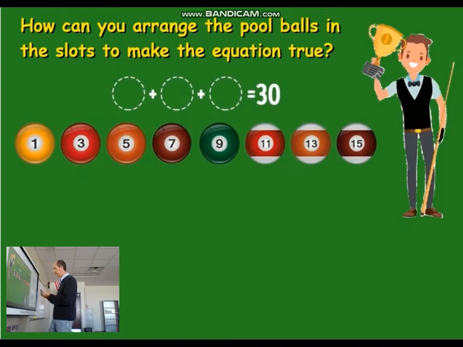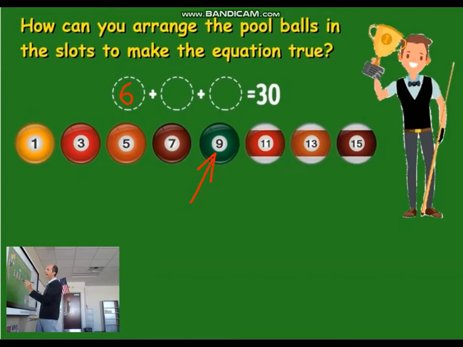Check this out. The green ball on billiards, on pool, is the ball number 6. And here the ball is upside down. You have to notice that. If you need to arrange to make a true equation, you can turn around the ball and use it in the right position.